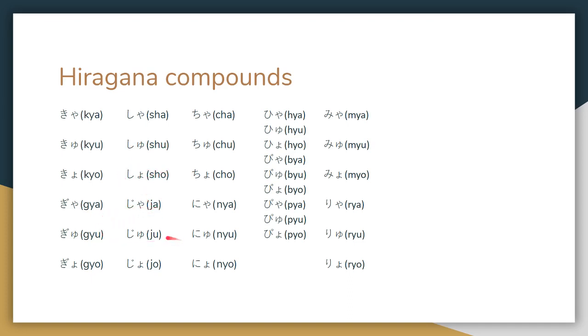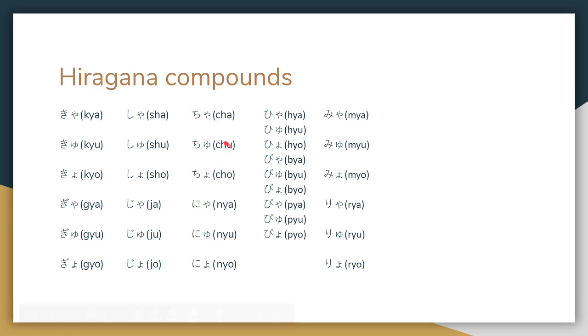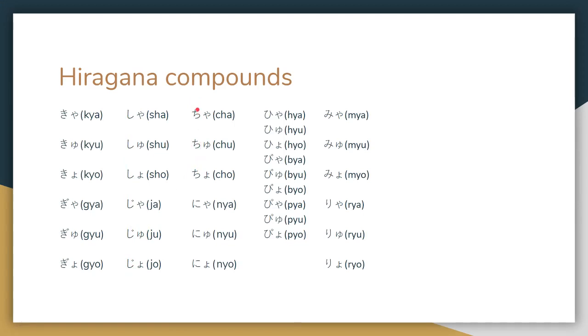Ja, ju, jo. You don't say jiya, jiyu, jiyo. You just say ja, ju, jo. And then cha, chu, and cho. Basically, the hiragana that isn't conventionally in its line is not conventionally said when it's compounded. So for example, sa, shi, su, se, so. It's not sa, si, su, se, so.